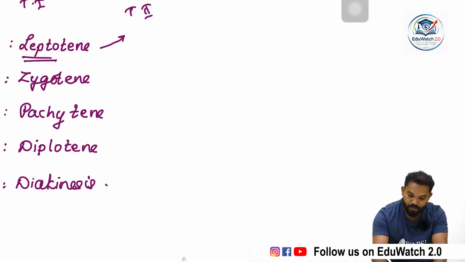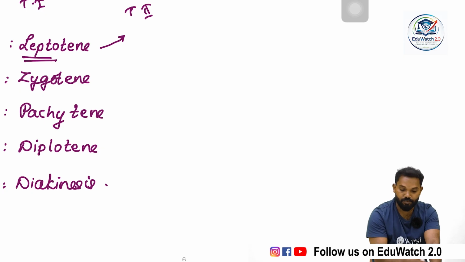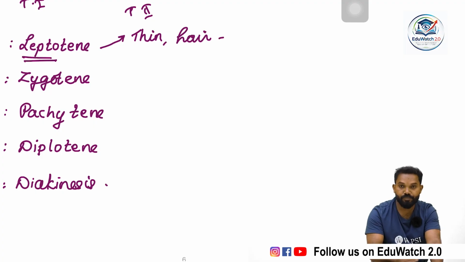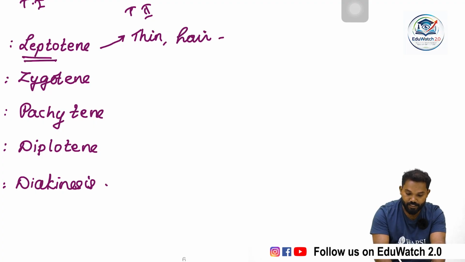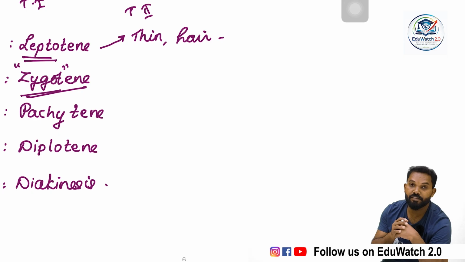Lepto means small, thin, hair-like structure. Chromosomes appear as thin, narrow, hair-like structures. But in zygotene, zygote means the fusion of two cells that results in the formation of a zygote.